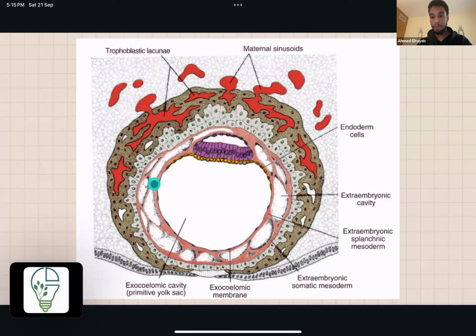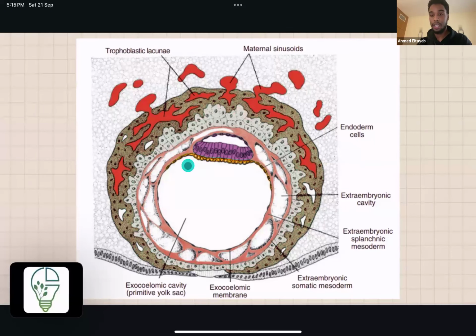Now, the extraembryonic cavities are important in separating the mesoderm into two layers, okay? So we have two layers of mesoderm, and in between we have the extraembryonic cavities. So we have the inner layer. The inner layer, we call it the extraembryonic splanchnic mesoderm. Another name for splanchnic is visceral. And whenever we say visceral, we're always talking about our internal organs, okay?